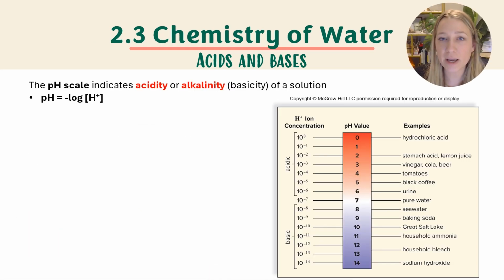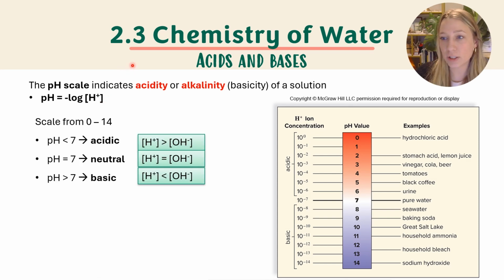The pH scale measures how acidic or basic a solution is, and this is based on the concentration of hydrogen ions. Anytime we see these square brackets around something, that's read as concentration of. So square brackets around H+ is saying this is the negative log of the concentration of hydrogen ions. So our pH scale, which is telling us about the acidity or alkalinity of something, ranges from 0 to 14.